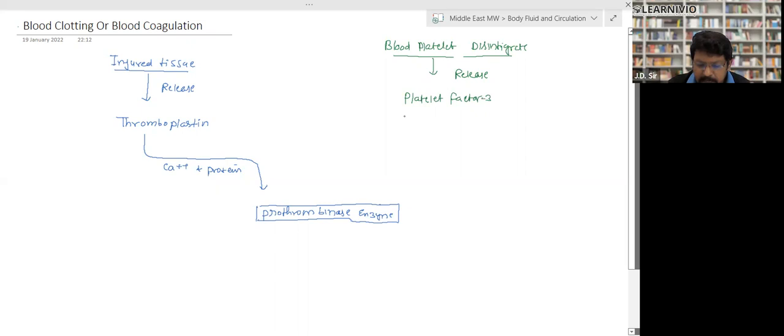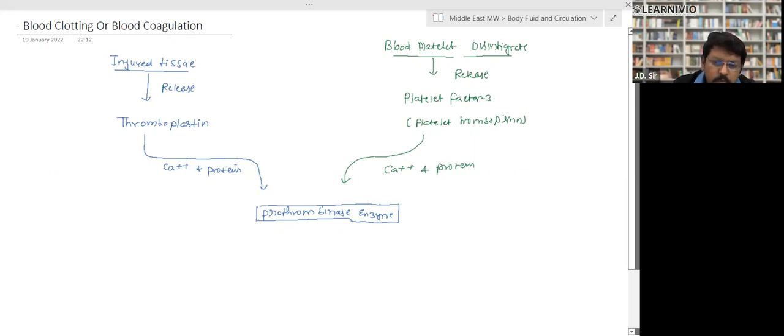This platelet factor 3 is also called thromboplastin, or platelet thromboplastin. So this platelet thromboplastin, in the presence of calcium and protein, will make the prothrombinase enzyme.